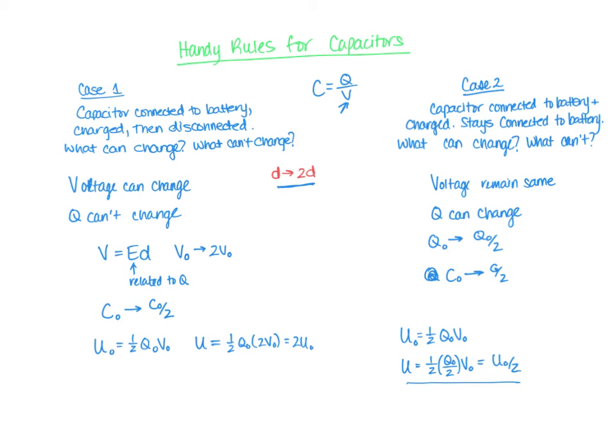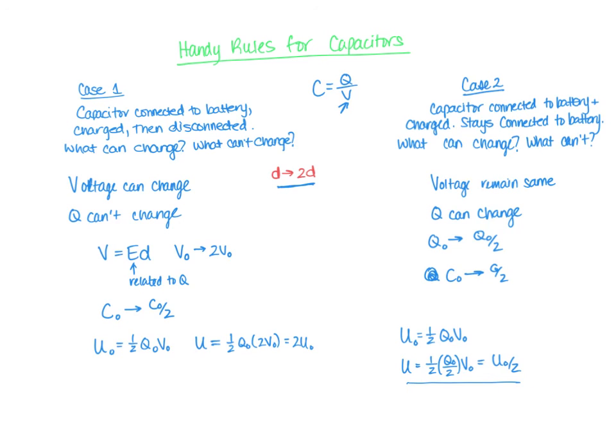Another way to think about it, or just to think about potential energy in general, and we've seen this in other situations, is that a case where potential energy decreases is really the preferable way for nature to proceed. Think about balls rolling down hills. And so it's going to be easier in this situation to separate the plates, as opposed to case one, where it actually took external work to make that happen.